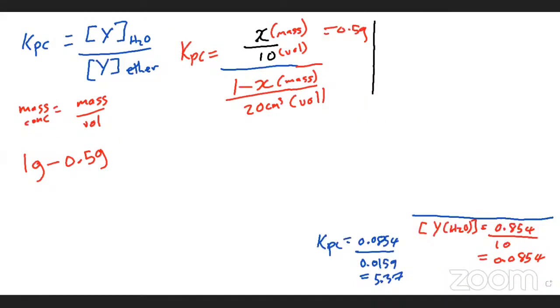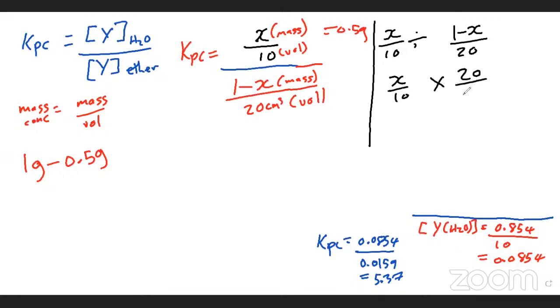So you have X over 10, you have your division line. So X over 10 divided by 1 minus X divided by 20. Just like with fractions, X over 10 times 20 divided by 1 minus X.